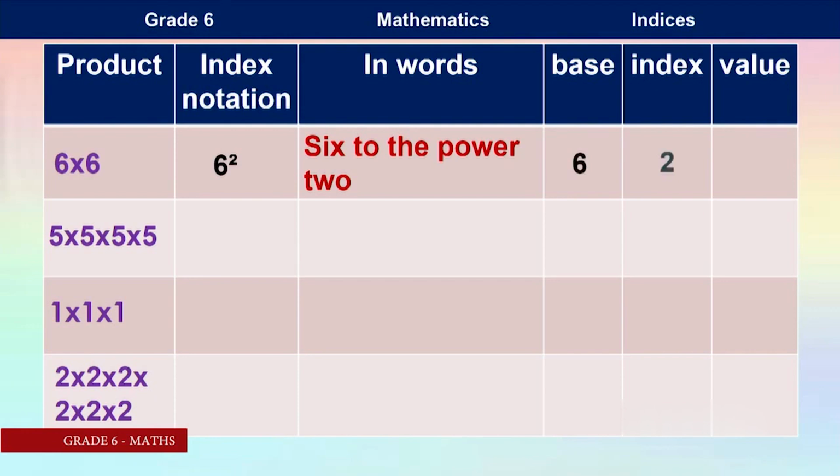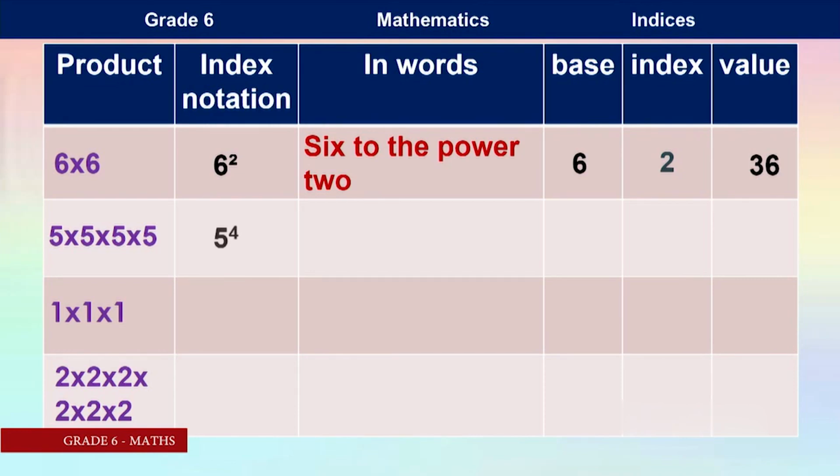Then tell me what is the value here? You have to multiply 6 again by 6. 6 into 6 is 36. Then the next one, you can see 5 has multiplied by 5 and again 5. Here, how to write this using index notation? Count how many 5s are there. 1, 2, 3, 4.